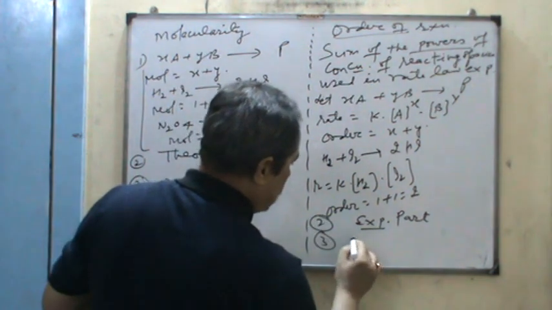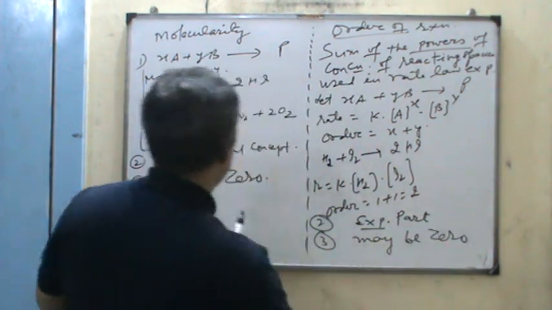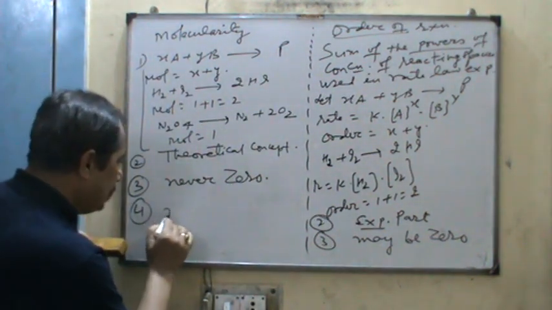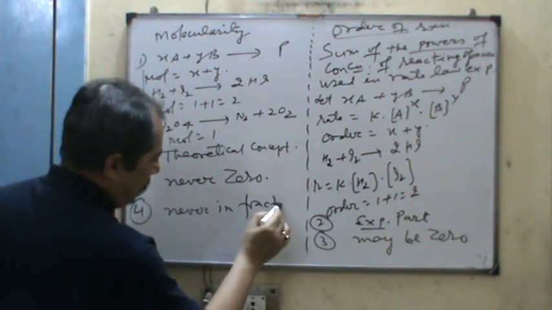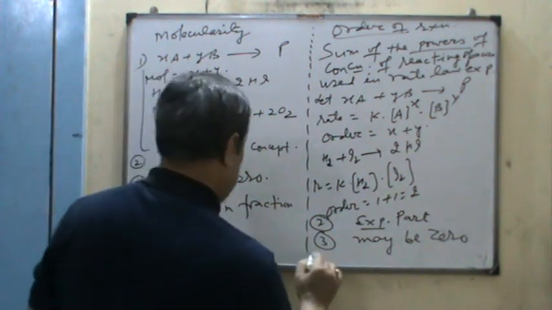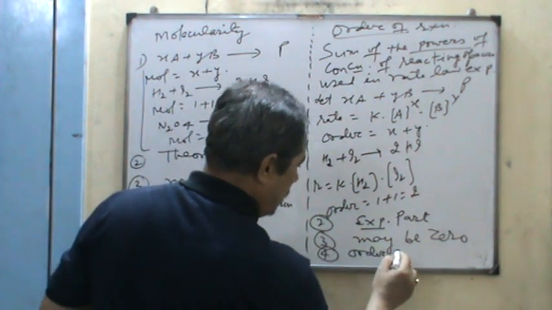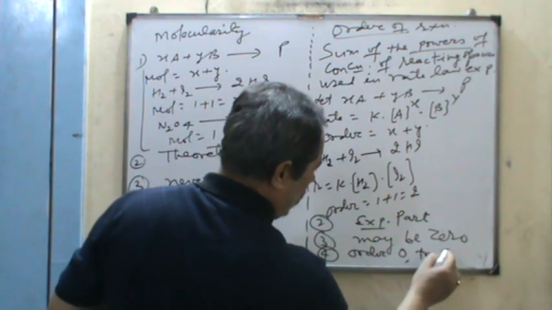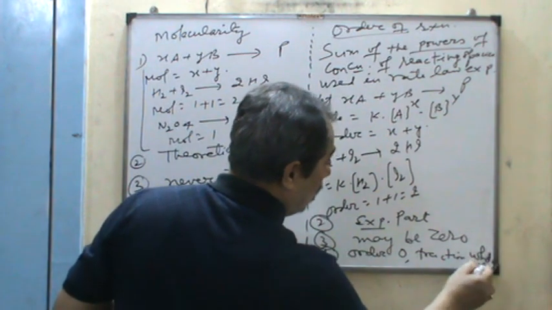Order of reaction may be zero. Molecularity is never a fraction. But my dear students, order may be zero, fractional, or even a whole number.